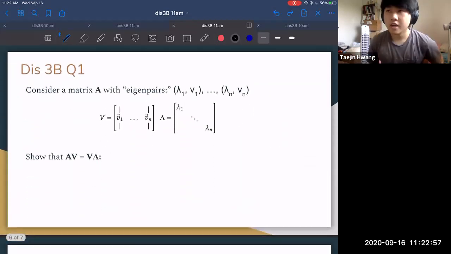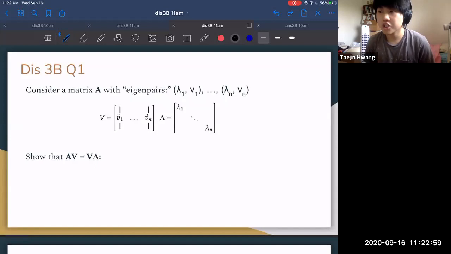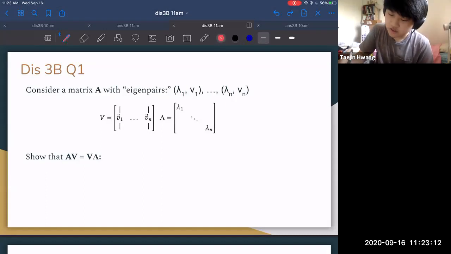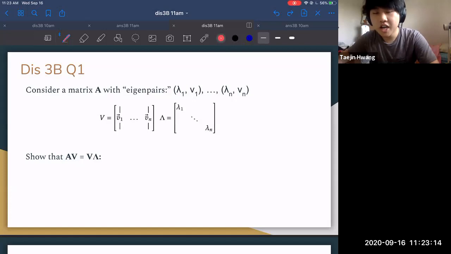We're going to take a look at discussion 3B, question number 1. Here, question number 1 is going to assume that this matrix A has n linearly independent eigenvectors. I'm just going to call these eigenpairs.